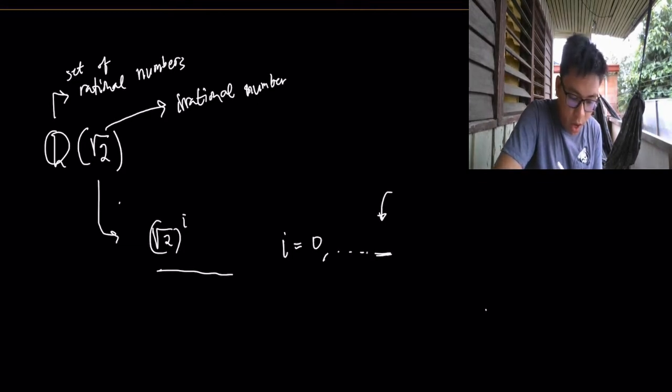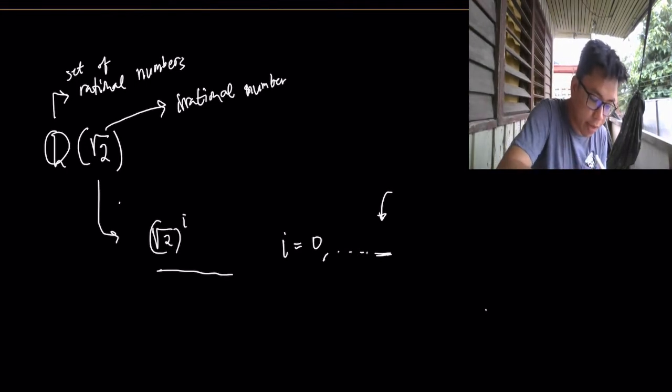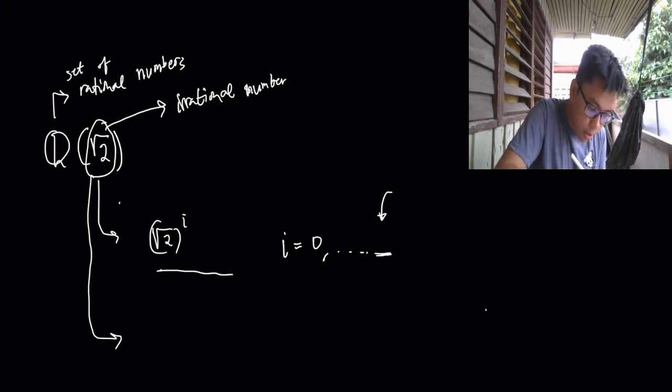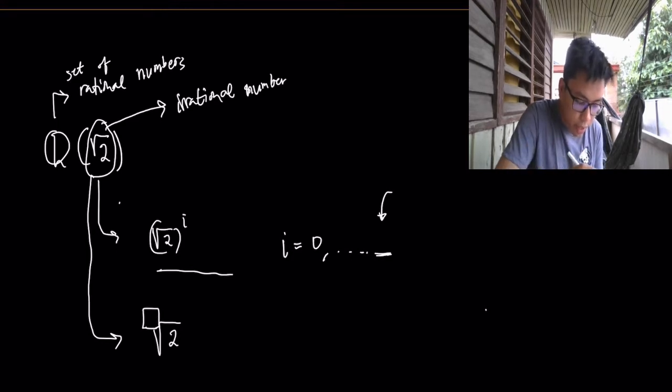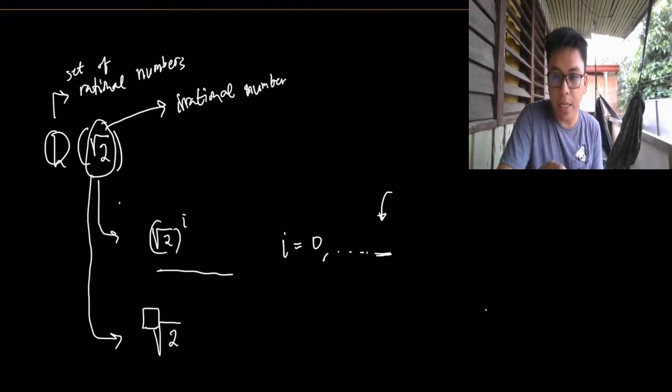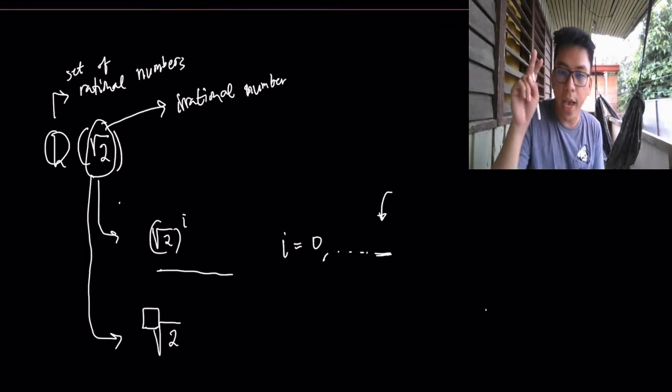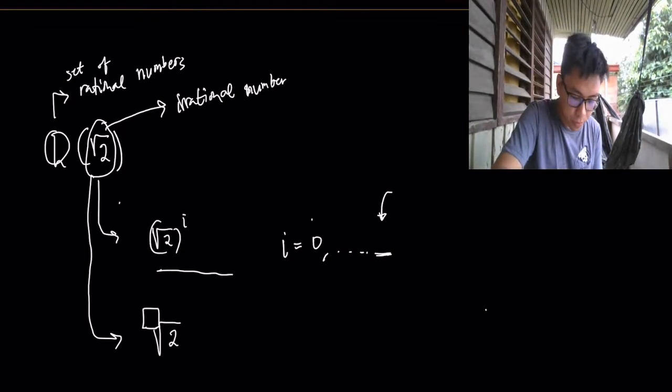We don't know where it needs to stop, but the technique is to look at this irrational number, square root of 2, and take the nth root. Observe that it is a square root, so n is 2. Therefore we only have two values of i: one is 0, the other one is 1.